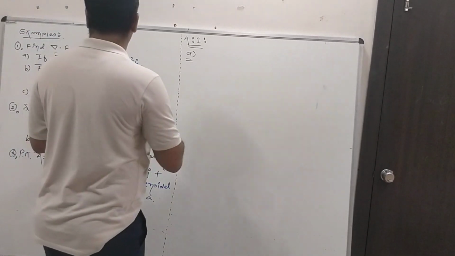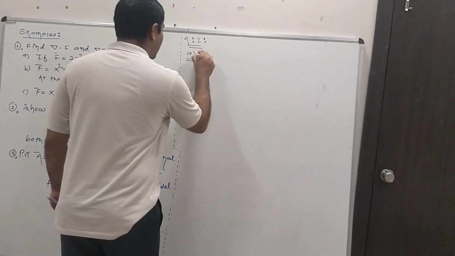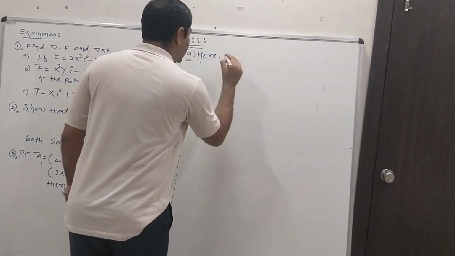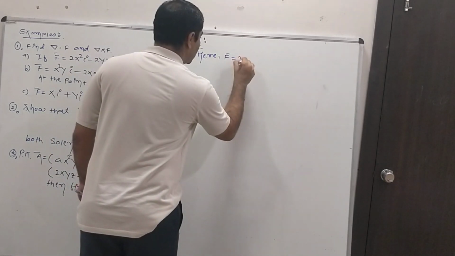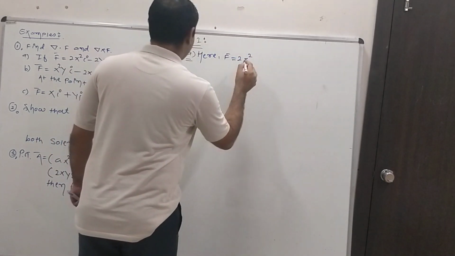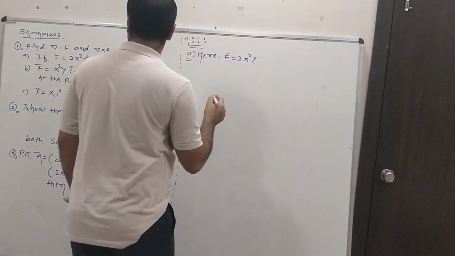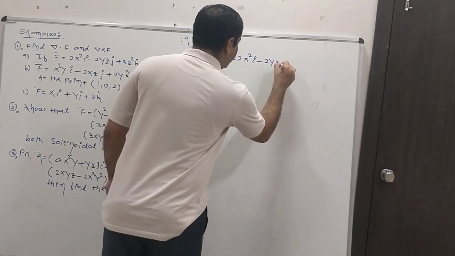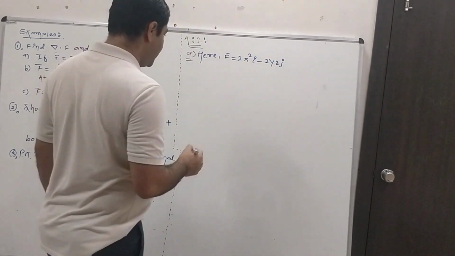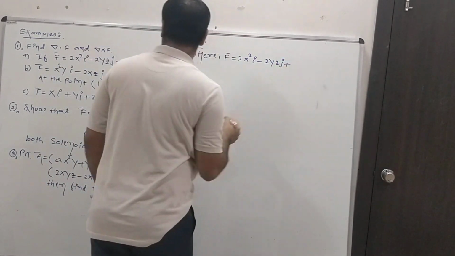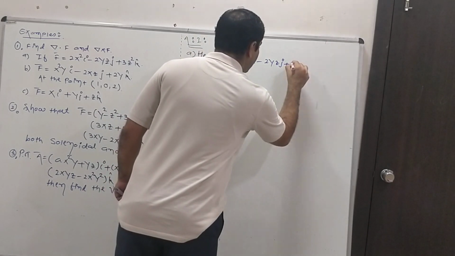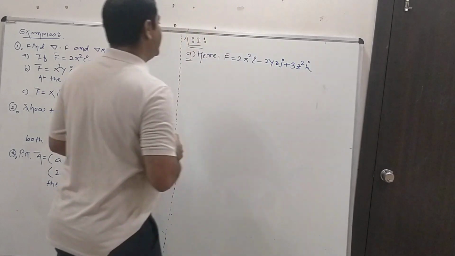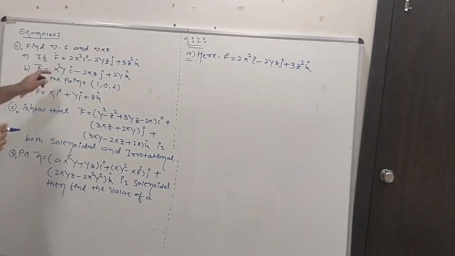If f bar is equal to 2x square i minus 2yz j plus 3z square k. Fine.